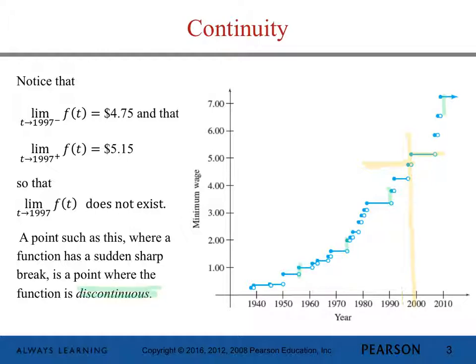And you kind of have an instinctive idea of what discontinuity means, because you know that when you have a graph that is not continuous, it means that you had to pick up your pencil and move it off of the graph and then put it back down again in order to be able to continue tracing on the function.